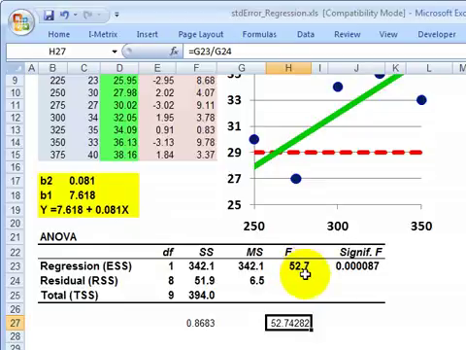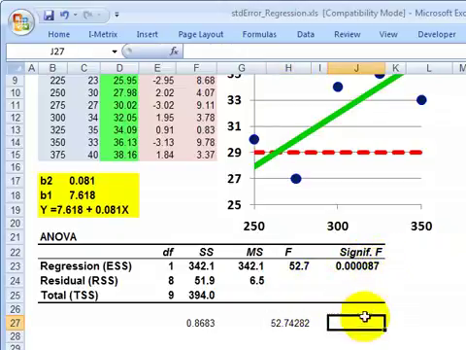And so the higher this value is, the more likely it is that this independent variable x does in fact have an impact on the dependent variable y. And 52.7 is, in this case, a high value, so we would reject the null hypothesis and conclude that yes, this independent variable, weekly disposable income, does have a significant relationship with the weekly lotto spend. So in other words, the regression does have some significance.